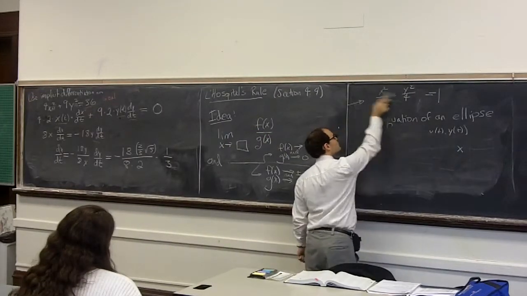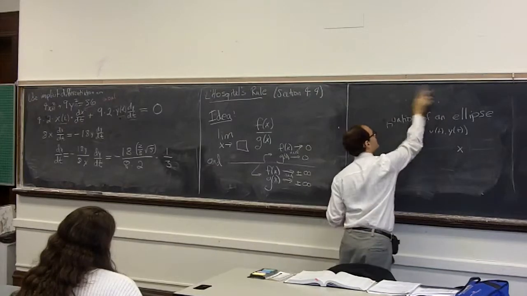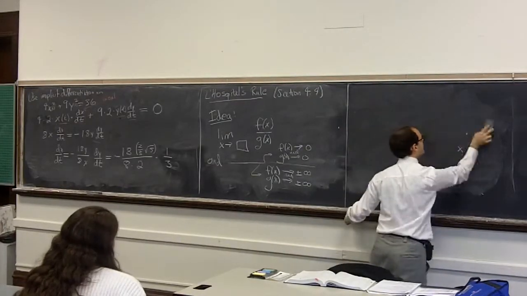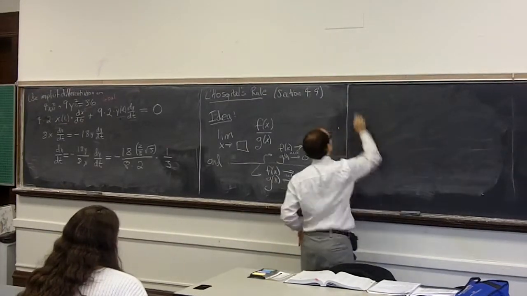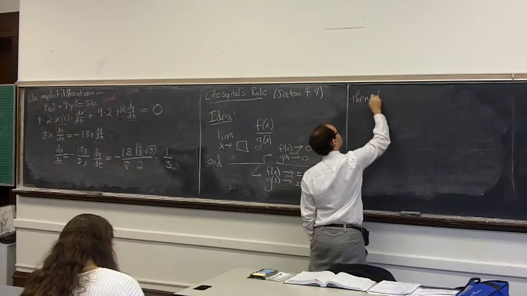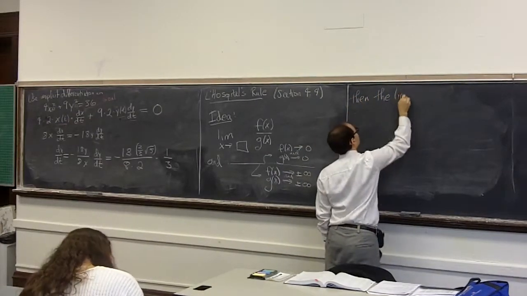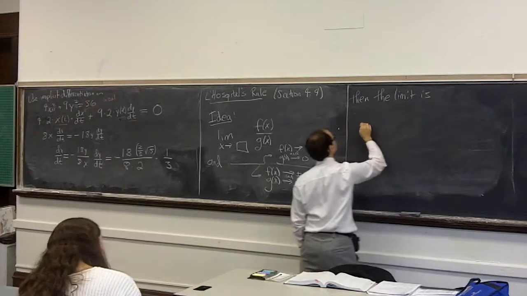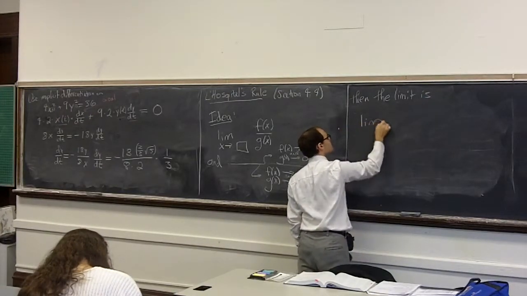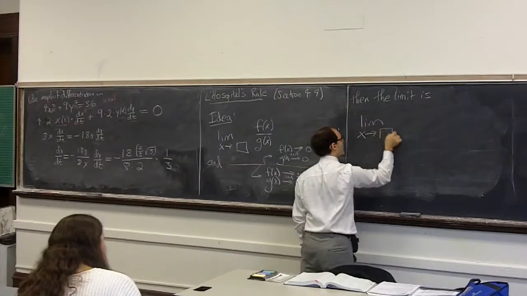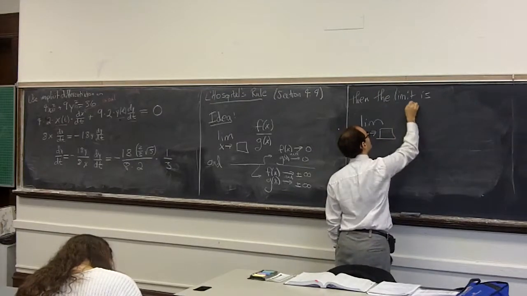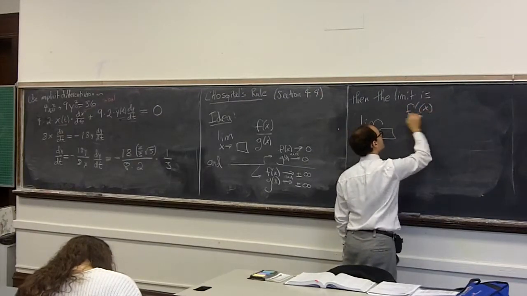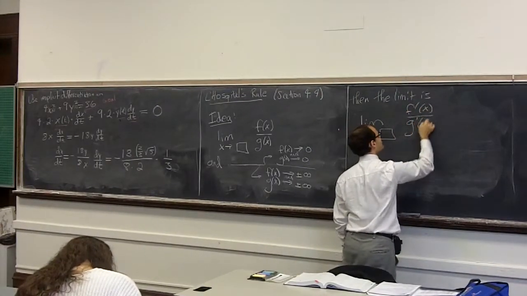You should take the derivative of the numerator and the denominator and try to find the limit then, as x goes to something of f prime of x over g prime of x.